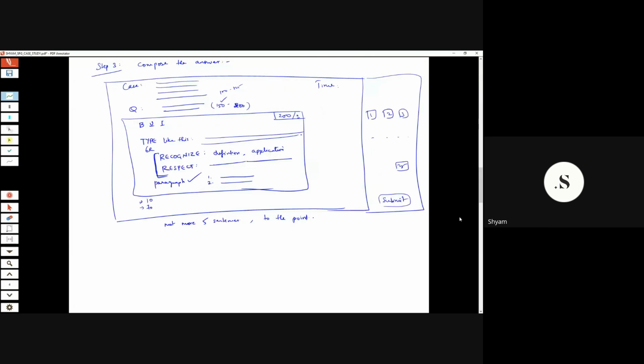Then compose your answer, stick to the word limit, watch your time, and you can use uppercase to highlight the important keywords. And do not assume anything that is not given in this case study. For example, in the previous term, there was one case study related to two individuals in an office scenario, and it was related to communication.